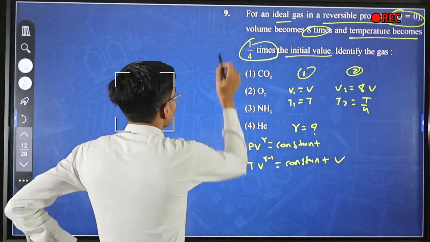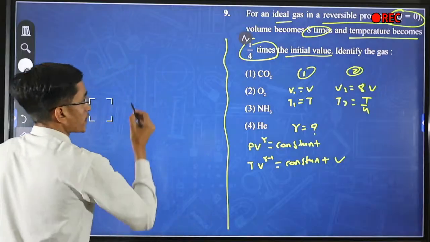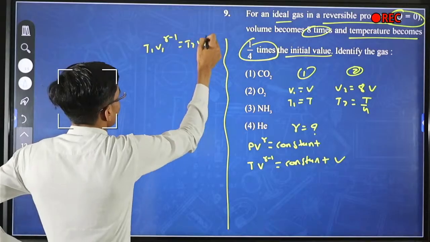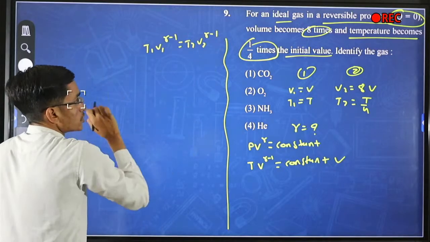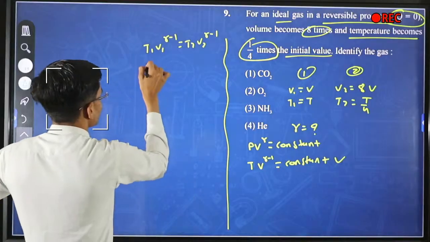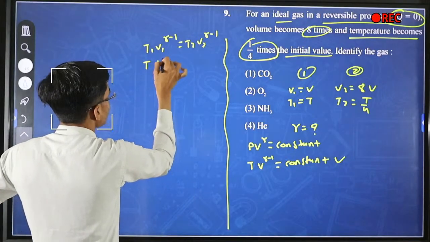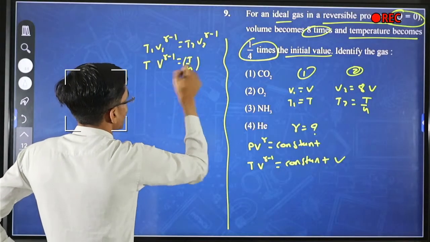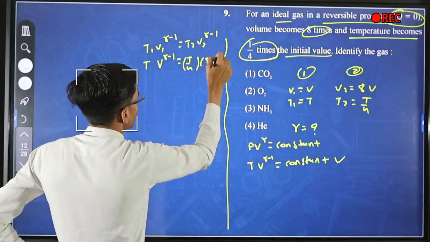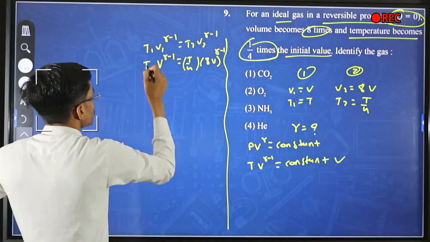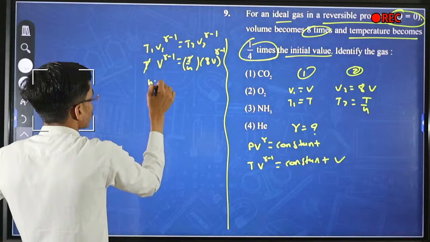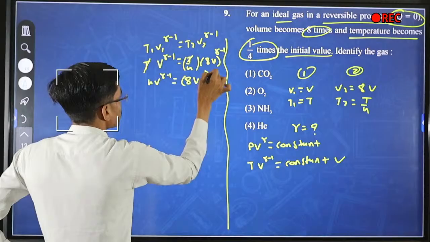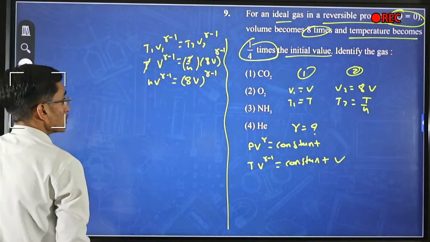So from both data, T1 V1 raised to gamma minus 1 is equal to T2 V2 raised to gamma minus 1. The initial temperature is T, V1 is V raised to gamma minus 1, T2 is T by 4, and final volume is 8V raised to gamma minus 1. So T cancels, and we get 4 V raised to gamma minus 1 is equal to 8V raised to gamma minus 1.